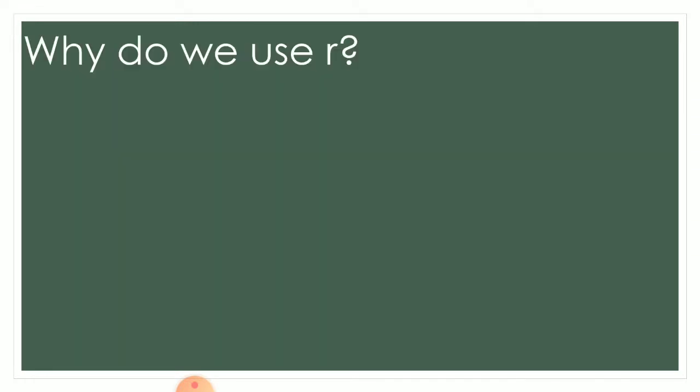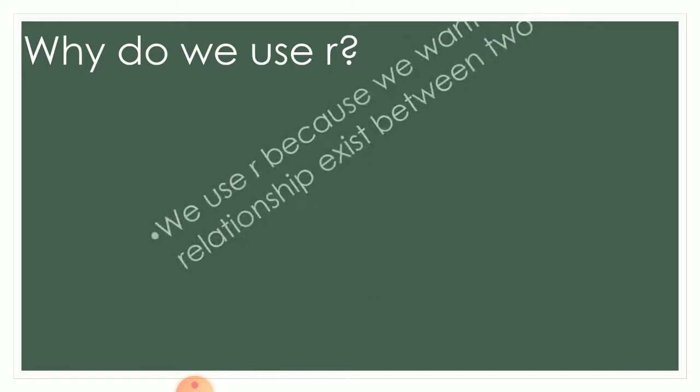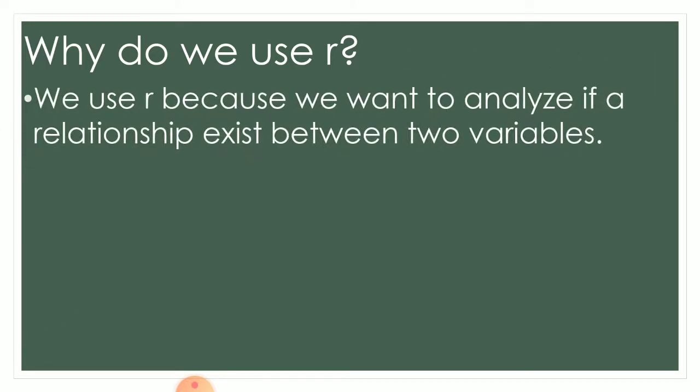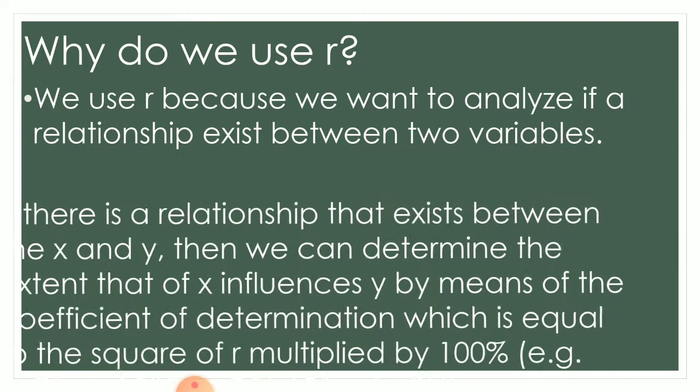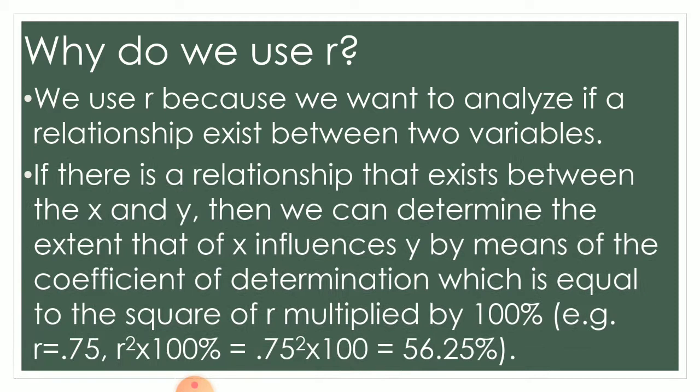So why do we use r? We use r because we want to analyze if a relationship exists between two variables. If there is a relationship between x and y, then we can determine the extent that x influences y by means of the coefficient of determination, which is equal to the square of r multiplied by 100%.